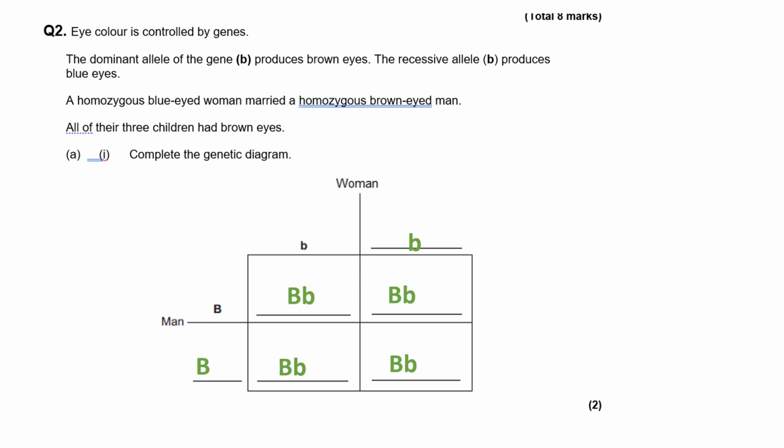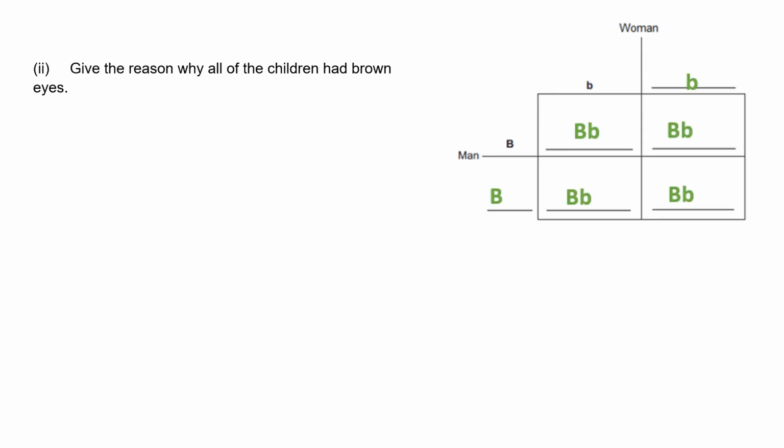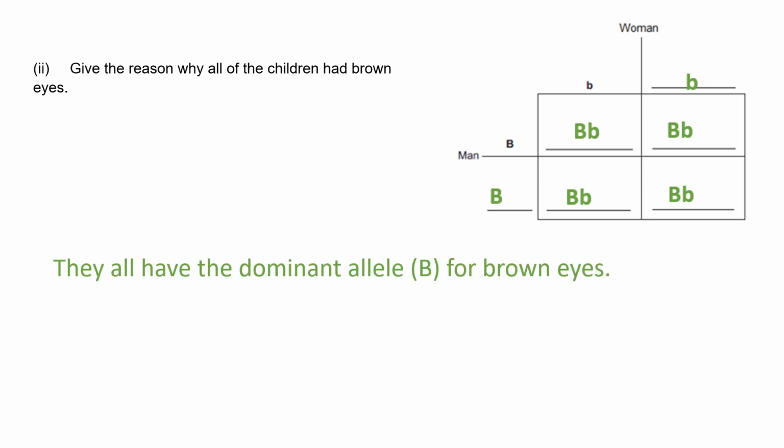Now you've not been asked to explain the phenotypes in this part of the question, that's for the next bit. So explain why all the children had brown eyes, because we were told already 3 of them had brown eyes. And it's because they all have the dominant allele, capital B, for brown eyes. They've got no other option. If the dad did not have the blue-eye gene, the offspring could not possibly have blue-eye genes.